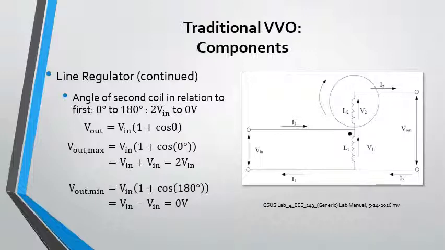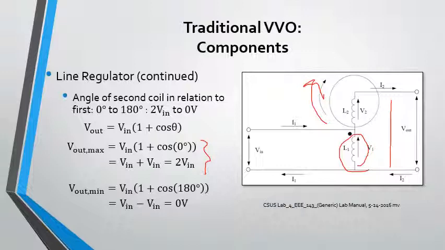On the right, you'll see the schematic of the line regulator. As you can see, there are two inductors inside this regulator that are magnetically coupled. The first one is fixed. The second one rotates. The rotation of the second coil determines the total voltage output. For maximum voltage output, 0 degrees rotation would produce around double the voltage.